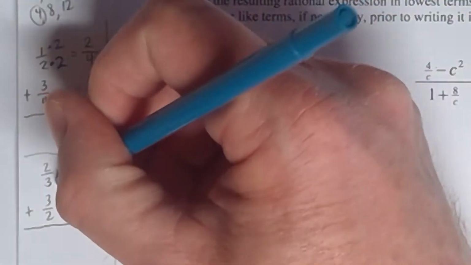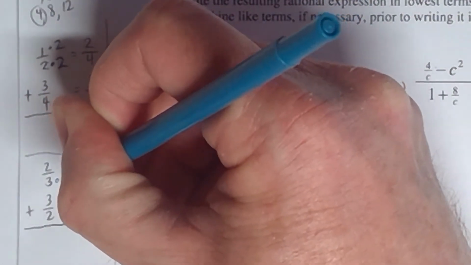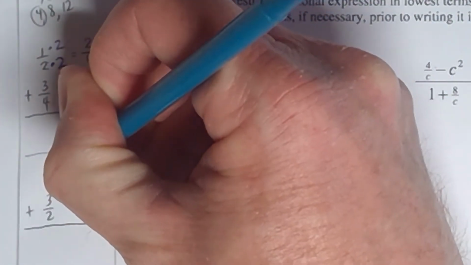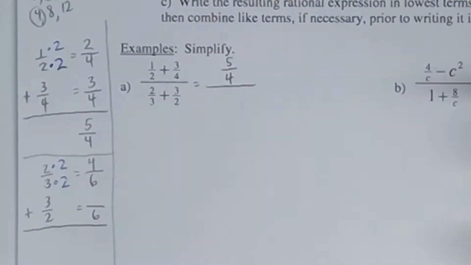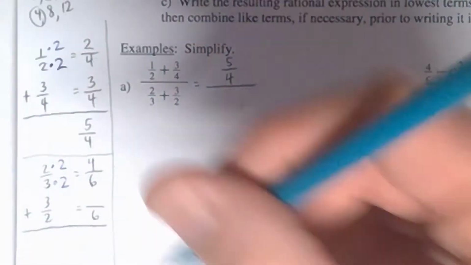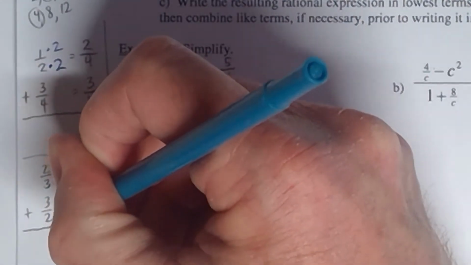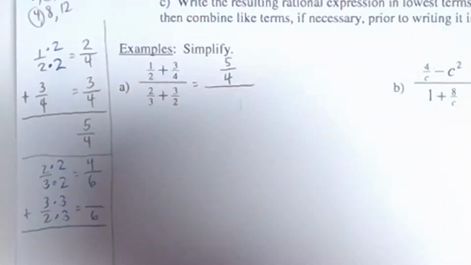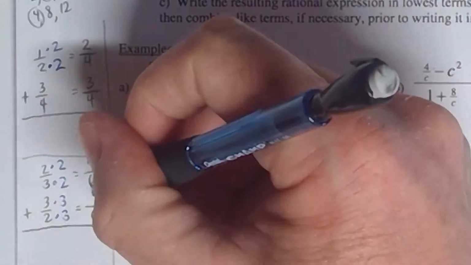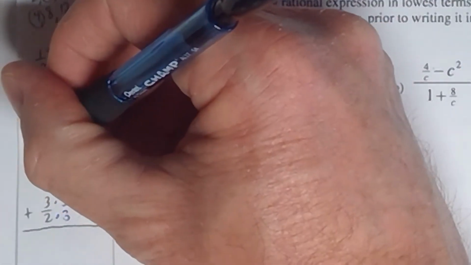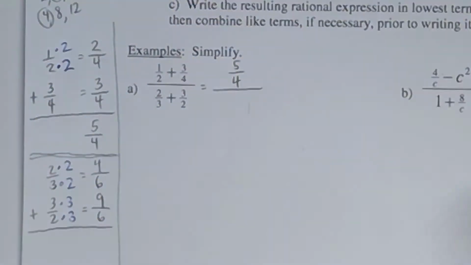So you need to do what? 3 times 2 is equal to 4. 4/6. 2 times 3 gives me what? It gives me 9/6, like that.